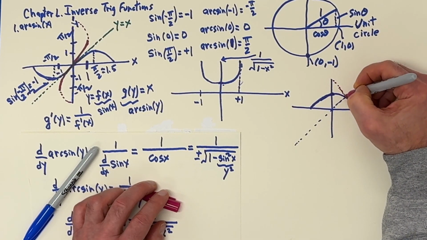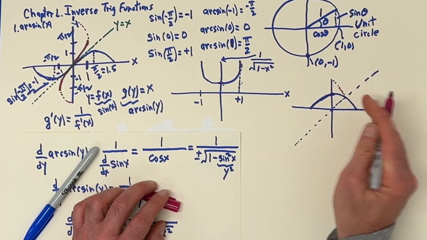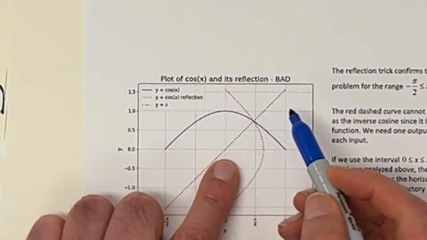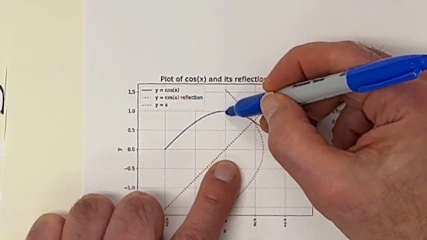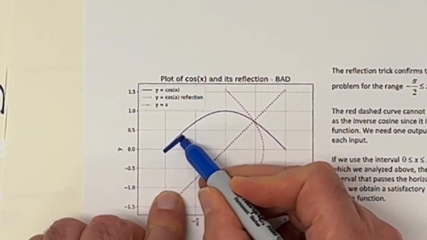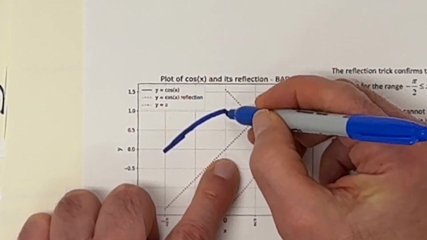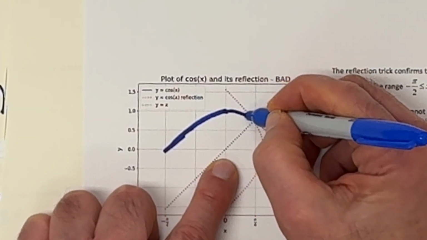As you go down there, then you're going to go up by the reflection. So here I have the cosine function. When x is equal to 0, you're at 1, and then you come down here.